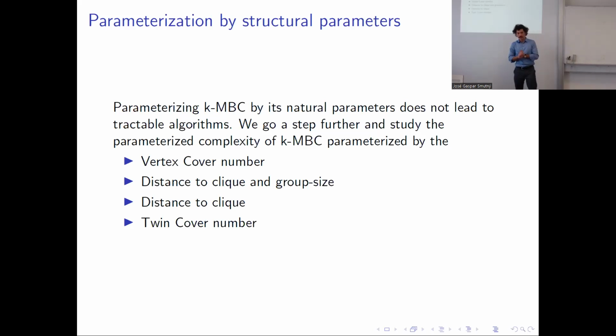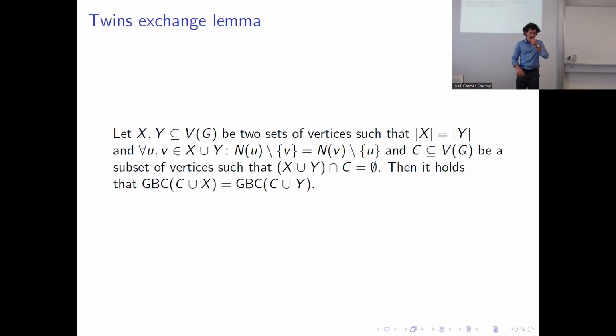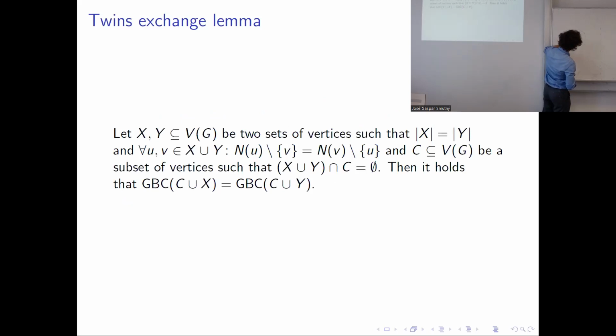Before we begin, I would like to show a lemma that is the basis for the algorithms that we use. This lemma is called the twin set change lemma, and I'll begin by saying the main idea behind it. Imagine we have some group of vertices, and all these vertices share the same neighborhood.